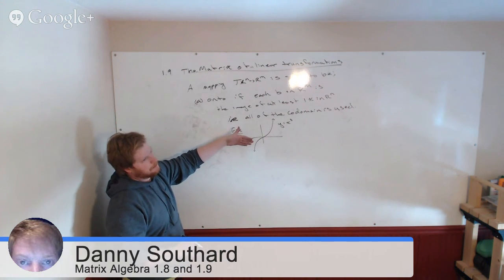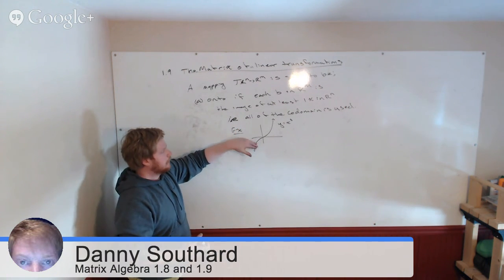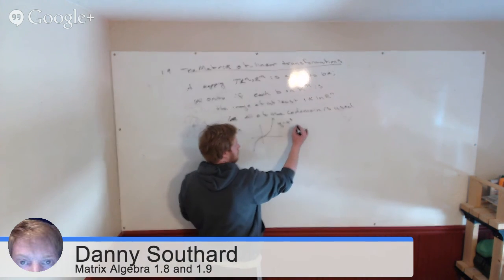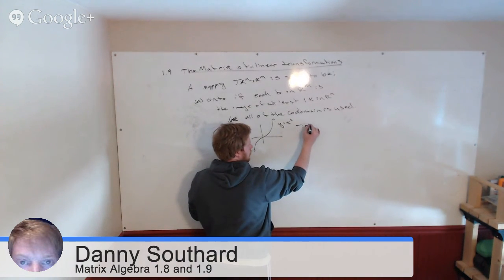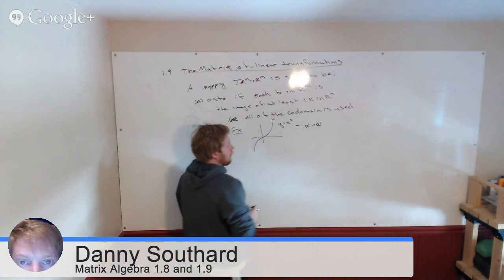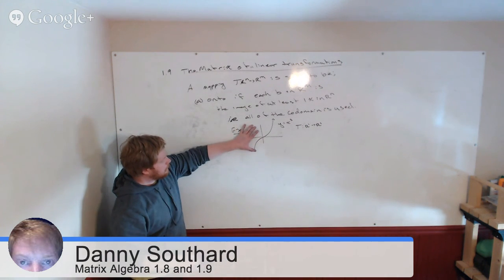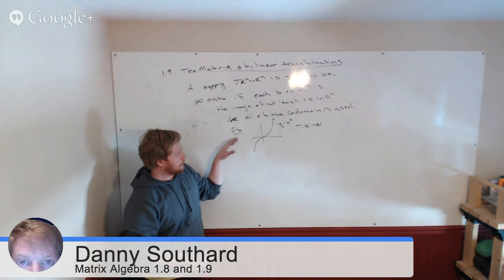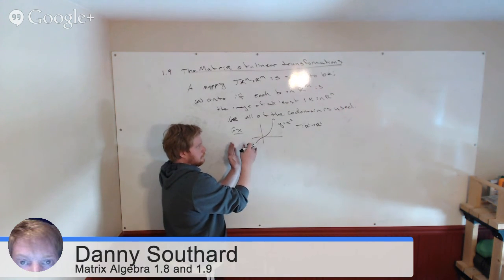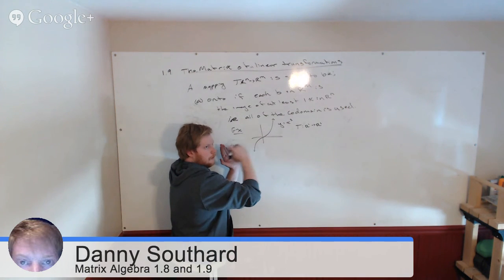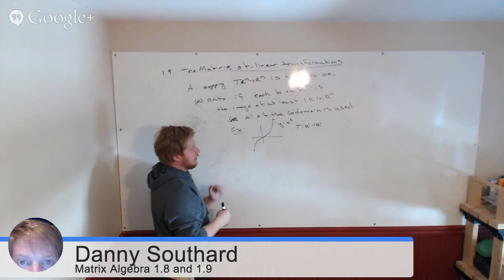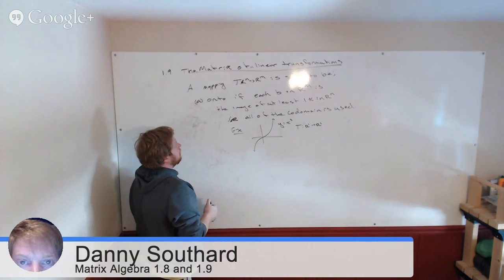This is a mapping from R1 to R1, but that's okay. It's onto because at least one thing on the x-axis goes somewhere on the y-axis, right? Okay.